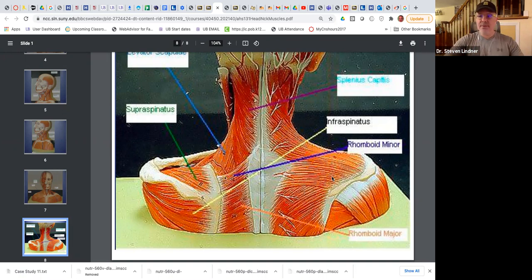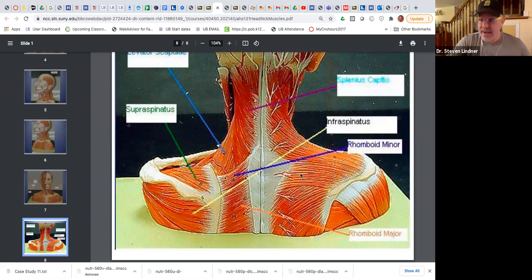When the scapulas go straight back to the spine, to the midline, we call it scapula adduction. So if I were to stand like this and pull my shoulders back, my scapulas move to my spine, that's scapula adduction or scapular retraction. When I round my shoulders and pull them forward, my scapulas move away from the spine, and that's called scapula abduction, or protraction.